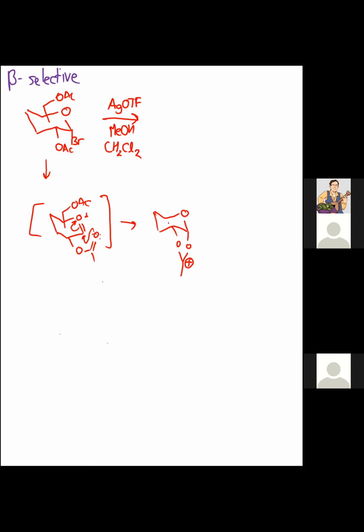We can draw it like that. And so what this again is doing is that acetate is blocking that alpha face. And so when our nucleophile is coming in, it comes in beta.